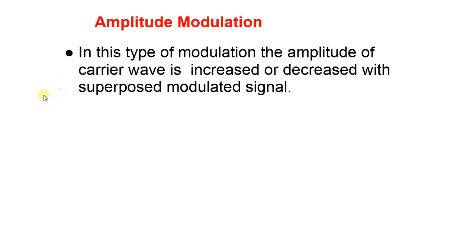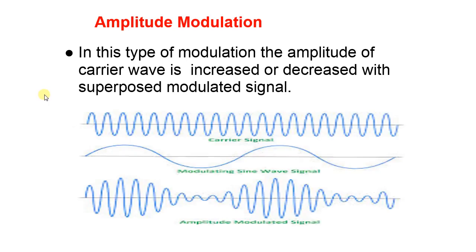Amplitude modulation. In this type of modulation, the amplitude of a carrier wave is increased or decreased or diminished with the superposed modulated signal. As in the figure, the first wave is electromagnetic radiation having high energy and high frequency, and the next wave is a message or information. According to the process of modulation, when both waves are superposed, the lower modulated signal is generated.